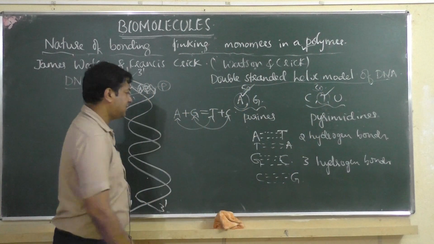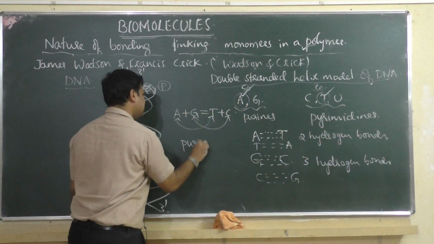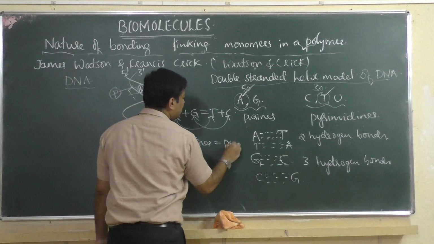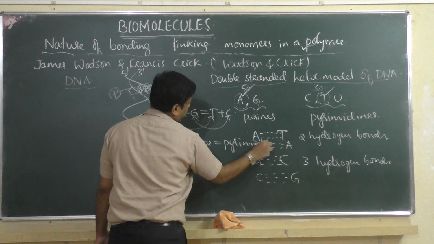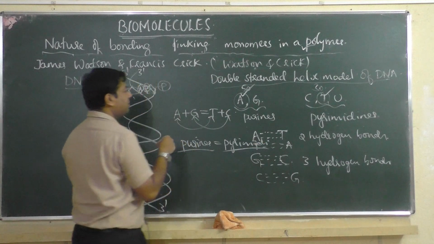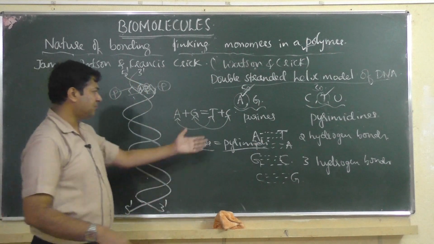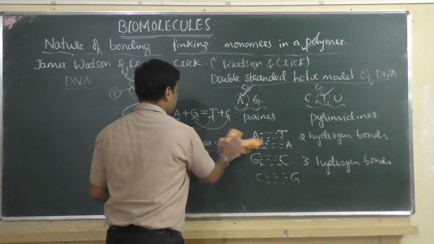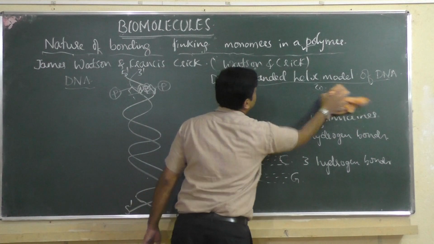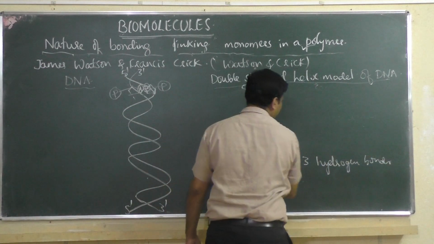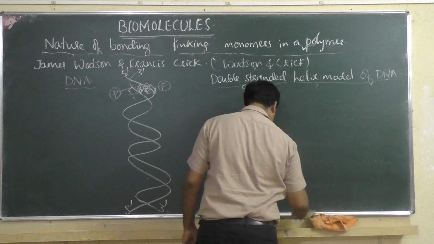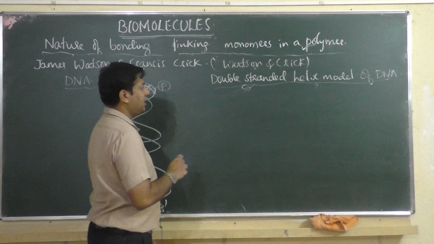So he says purines always come opposite to pyrimidines, and the number of purines is equal to the number of pyrimidines. This is the rule, but this much explanation is not there in the book. I just told you because next year anyway you are going to learn about this again, especially about DNA.